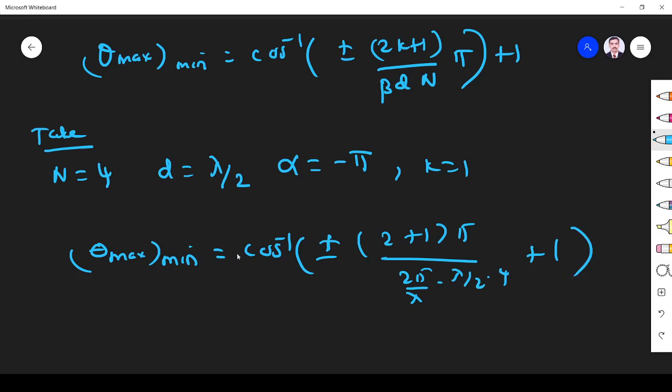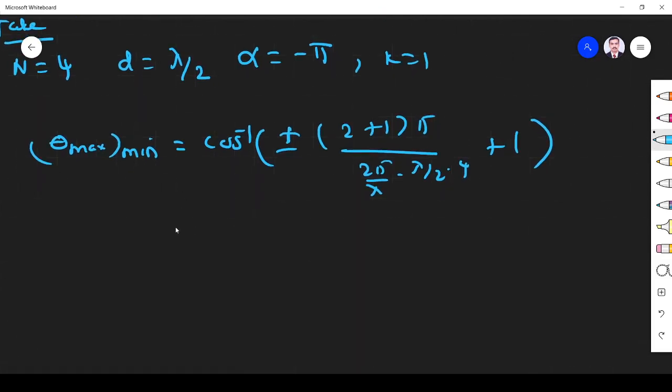If you simplify, you get cos inverse of plus or minus 3 by 4 plus 1.